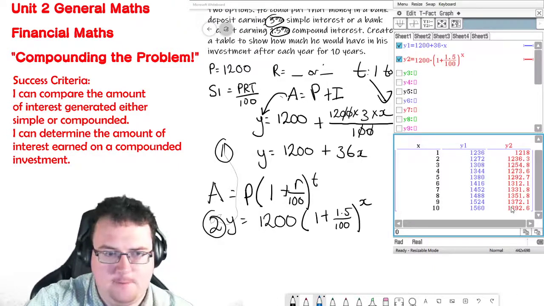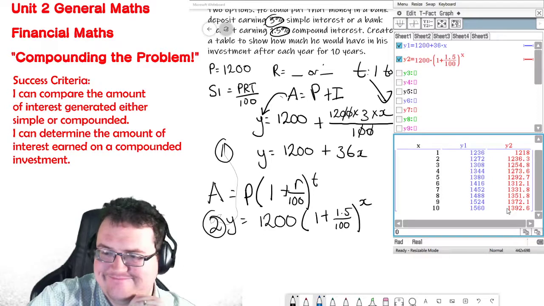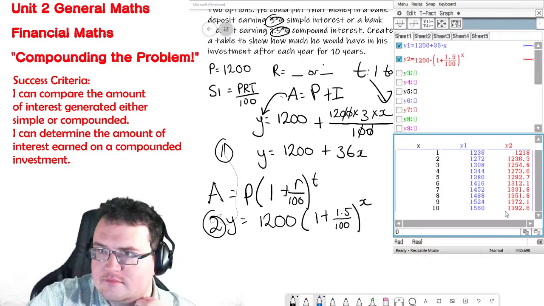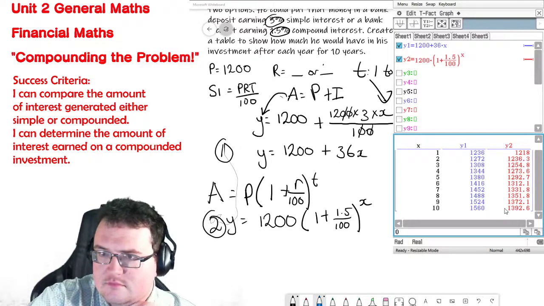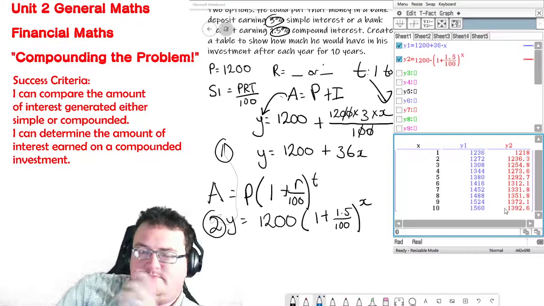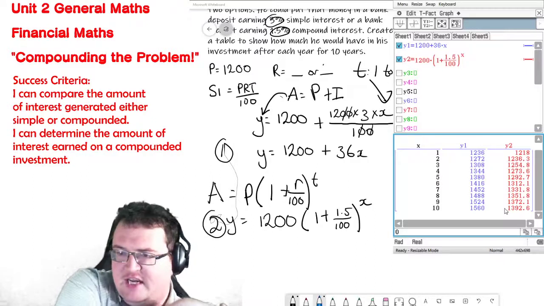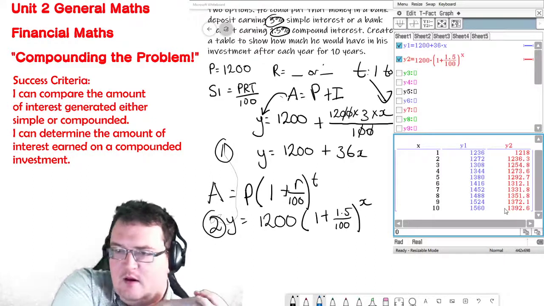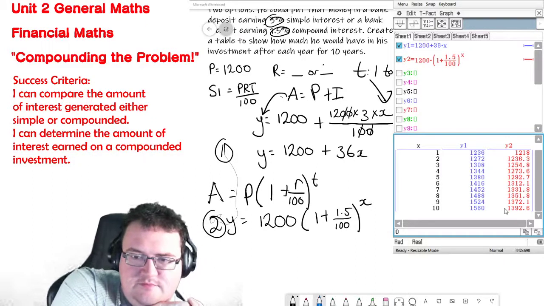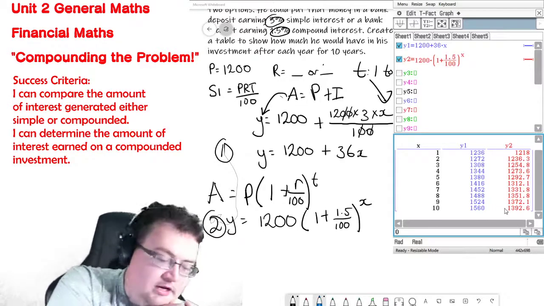So my question to you is, how long do you think it would take for the compound interest account to take over? How long? Probably another 10 years. All right. Or less, maybe.